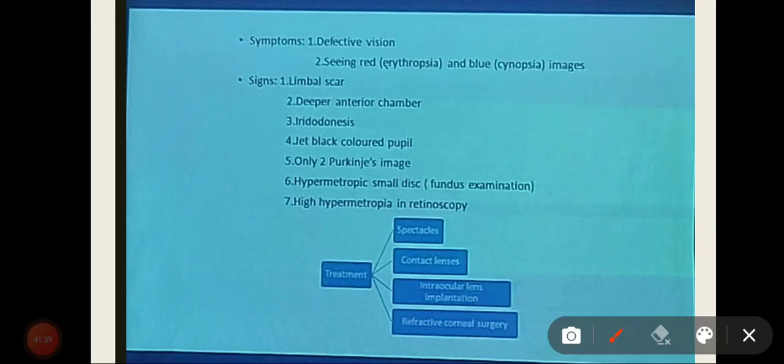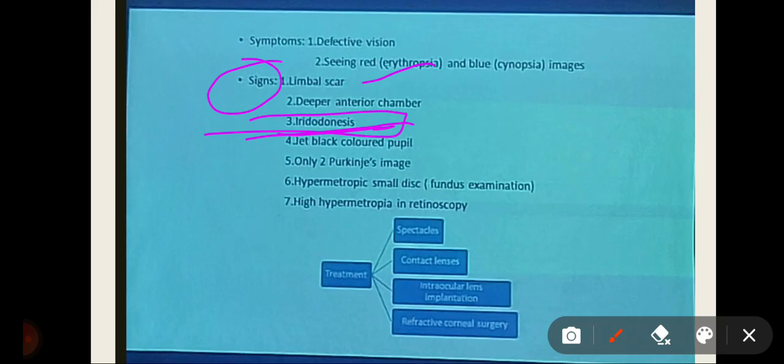And the signs: a limbal scar may be seen in surgical aphakia. Then iridodonesis. What is iridodonesis, guys? Iridodonesis is tremulousness of the iris, which can be demonstrated.